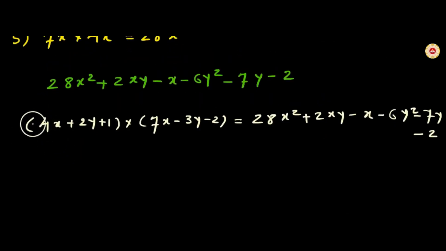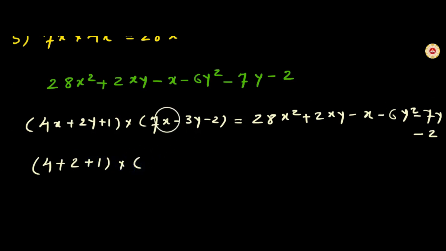Okay, so calculate the Bijank of these algebraic expressions. See, the first polynomial has 3 terms. First term 4x, coefficient is 4. Second term coefficient is 2. Third term is the constant term plus 1.